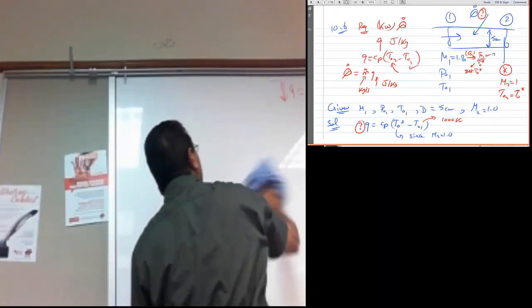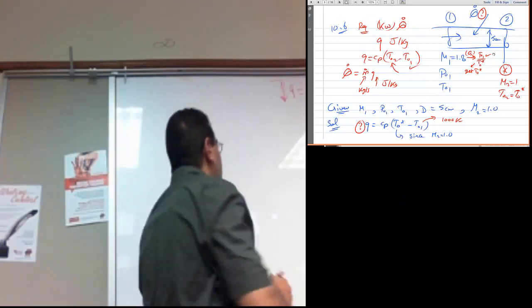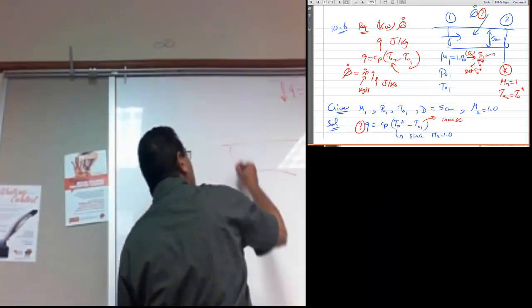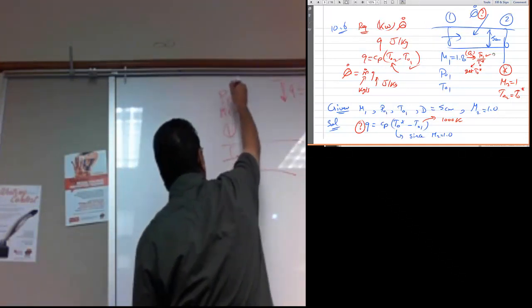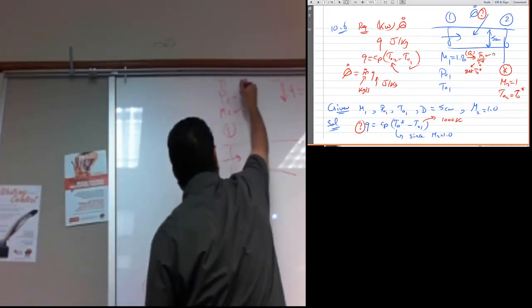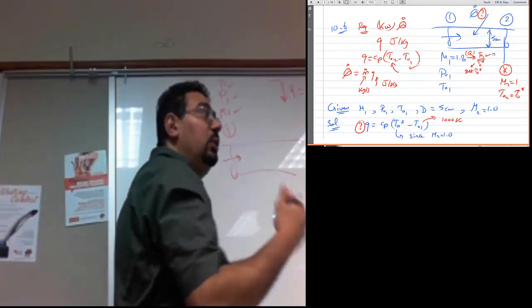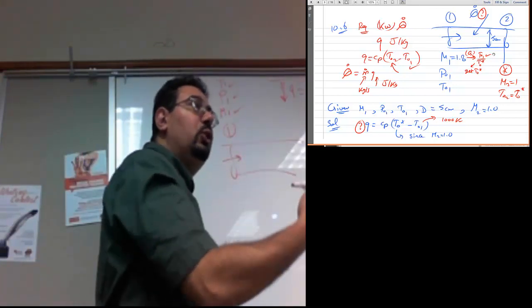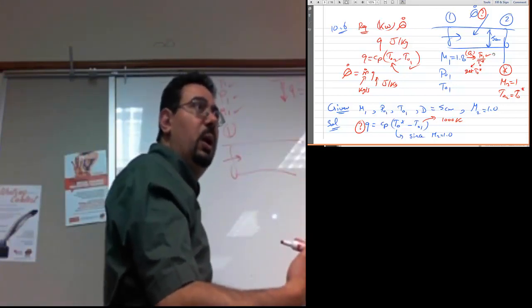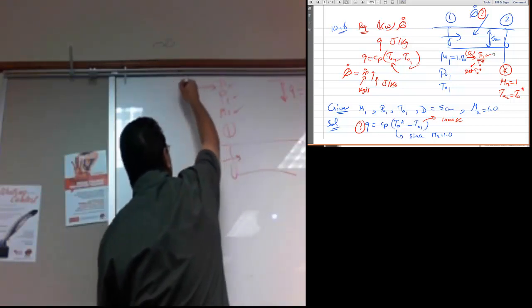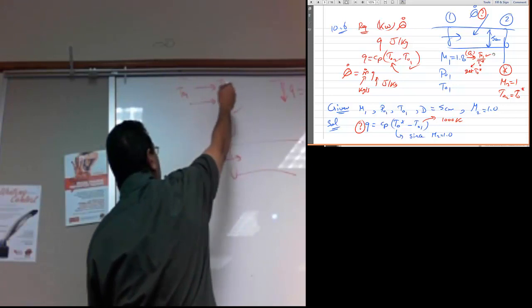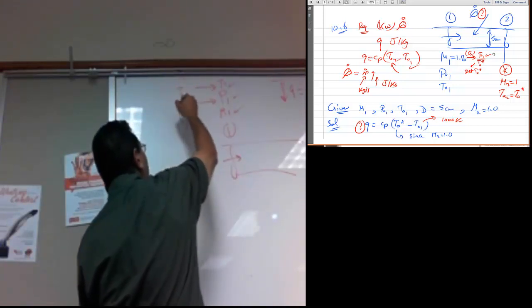I'm going to leave this equation because we will always need it. So again, M1, and let's say P01 and T01 are given, because from P01 and M1 you can get P1, and from T01 and M1 you can get T1, right? T01 will give us T1 and P01 will give us P1.